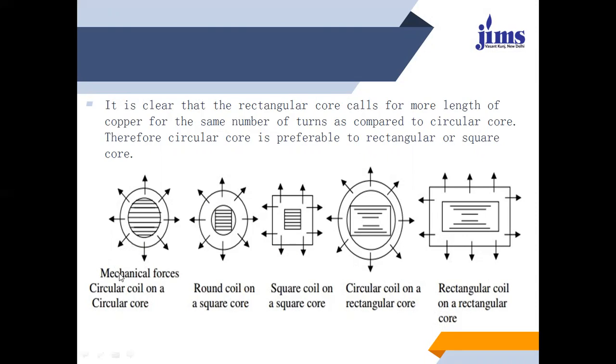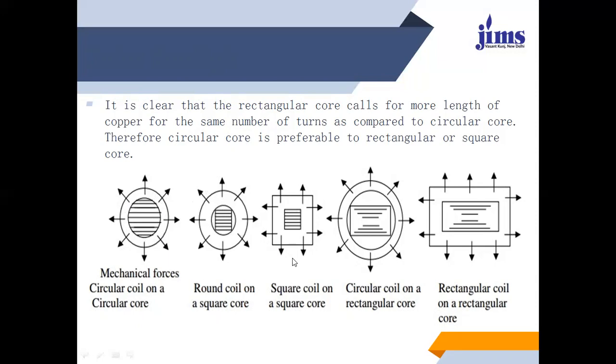Now we consider the mechanical forces. For a circular coil on a circular core, the forces will be outward and equal all around. If we take a round coil on a square core, then the forces will be along this side, and they will not be equal.